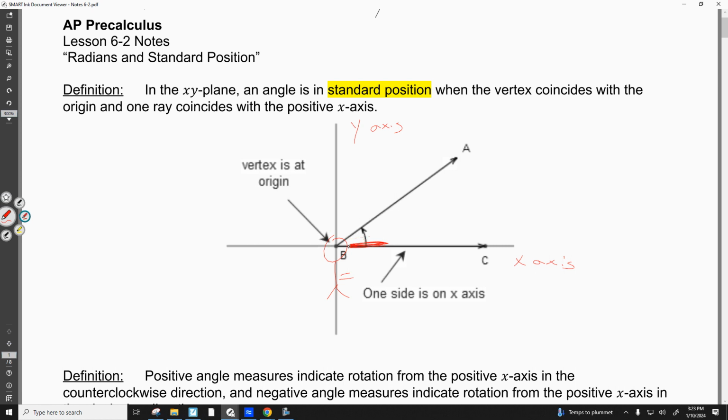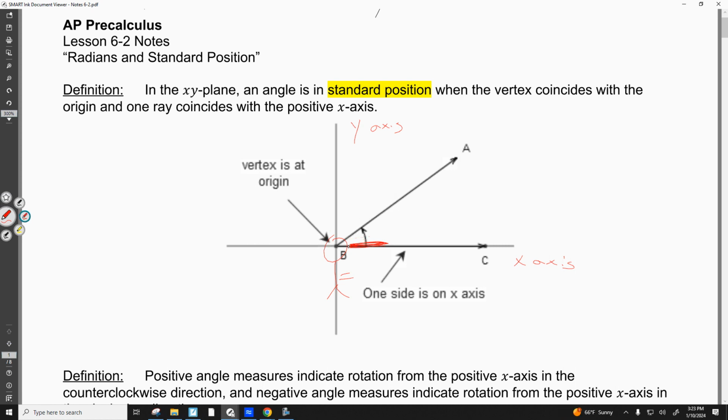Everybody take your hands, point them in that direction, the positive x direction. Put them together. That's 0. This is our start, okay?